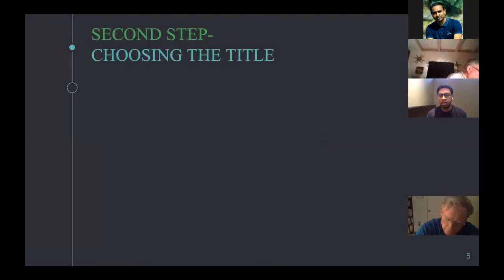Then the first thing that comes is choosing the title. This is the most difficult part, because this is what the reader will be looking for. It will attract the reader as much as you want.